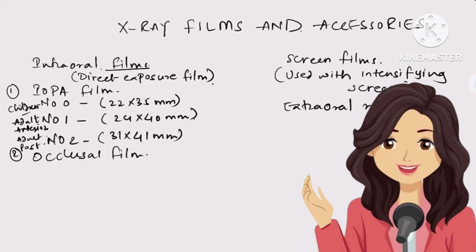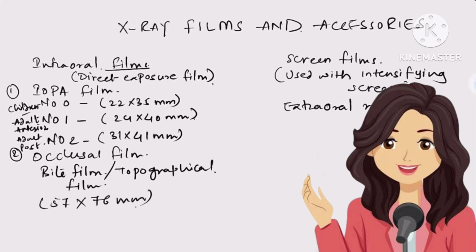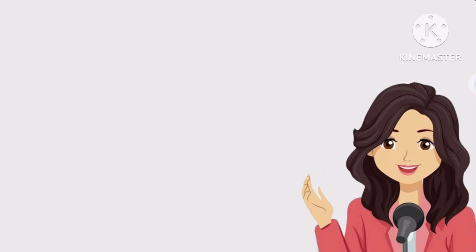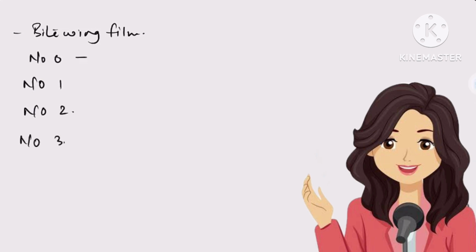Then comes occlusal film. Occlusal film is also called bite film, or it is also called topographical film. Topographical film. The size of it is 57 into 76 mm. Next we have the bite wing film. The sizes of bite wing: Number 0 is for child posterior tooth.